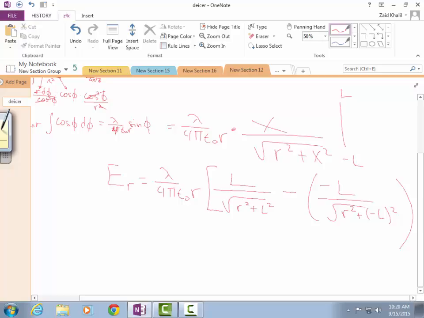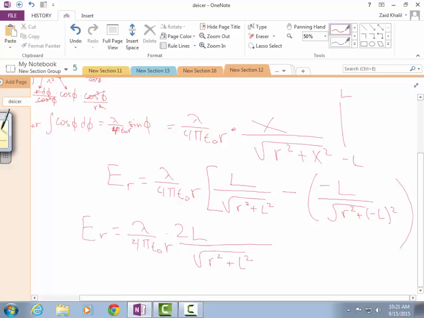So now, what happens here? That negative L becomes positive by the nature of it being squared. And then this minus that becomes positive. So they share the same denominator, and you have L plus L. In other words, E of r is equal to lambda over 4 pi epsilon naught r times 2L over the square root of r squared plus L squared.